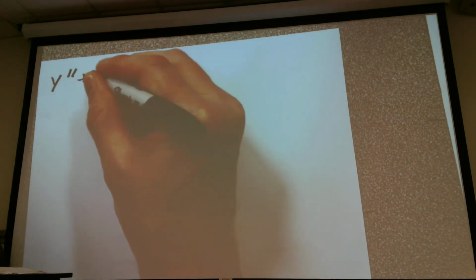So let's say we have y prime prime plus y is going to equal secant of x. Like on all these problems, the very first thing you have to do is find the homogeneous portion of the problem.